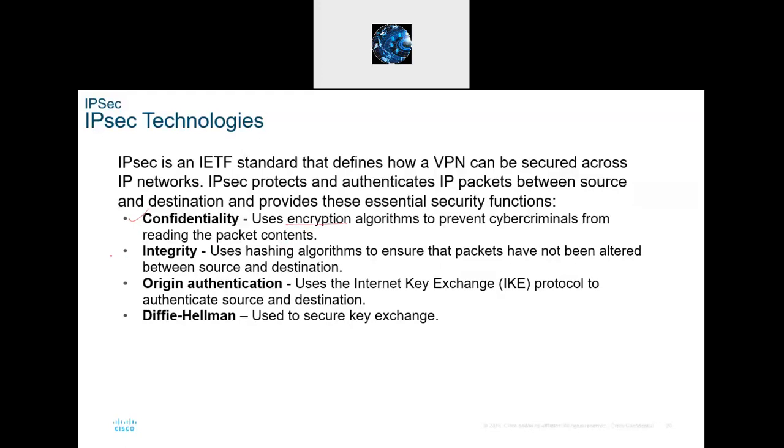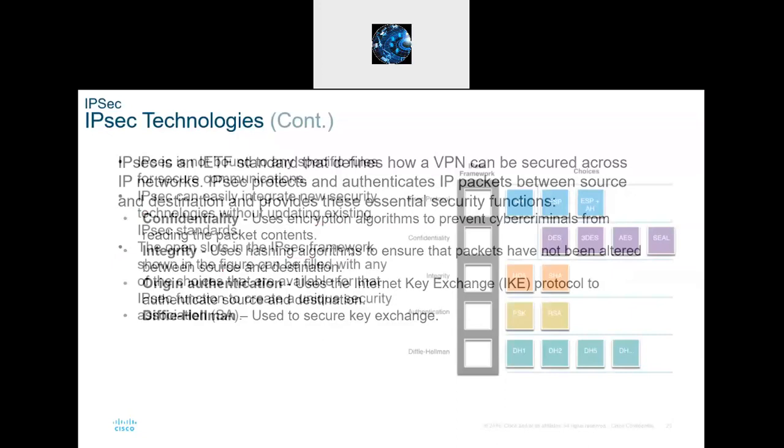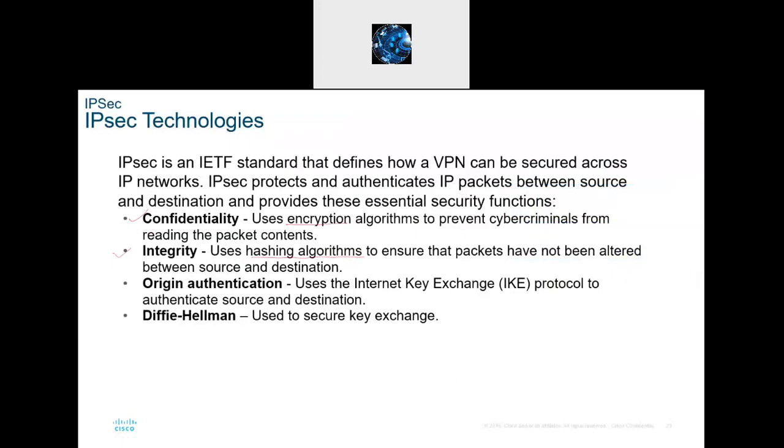Then another thing we get there is integrity. It uses a hashing algorithm to ensure that packets have not been altered between source and destination. So what is the job of this one? If I'm sending you $1 million, it's going to conduct a kind of test or computation on that message.